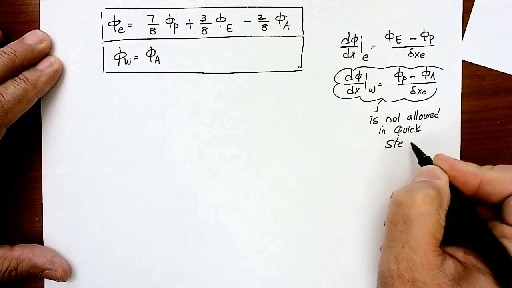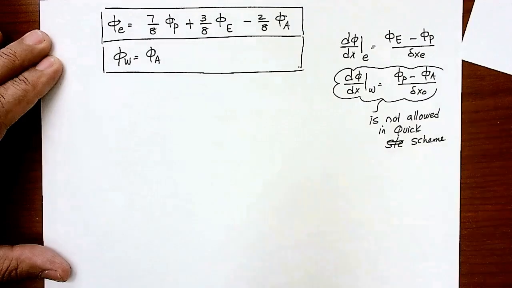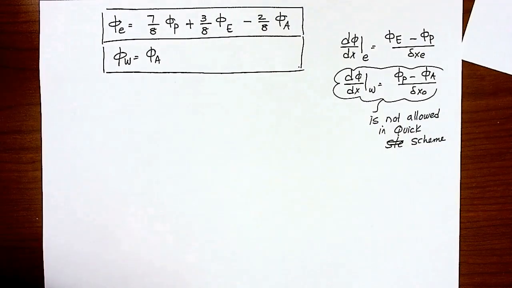So now quick scheme, which means that we have to find a different way to define d phi by dx, the diffusion with the interface, near the interface or the boundary for the quick scheme. So how actually is the quick scheme solving this problem? Quick scheme doesn't like to have a linear change when you have a boundary condition involved here.